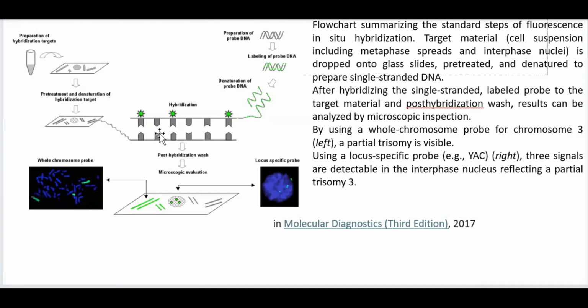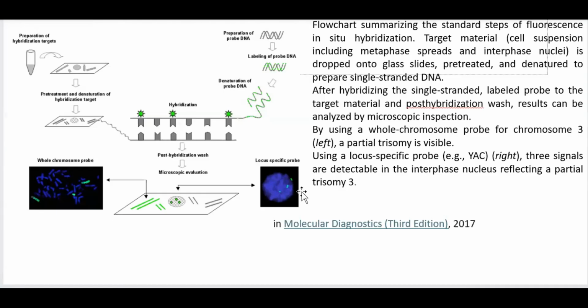Then denaturation with the help of treatment with a heated buffer. Then to that you are going to add the probe, and then the denatured DNA and the probe will bind, and you are going to get the hybridized molecule. A post hybridization wash is given, and this slide is then taken to the fluorescence microscope.